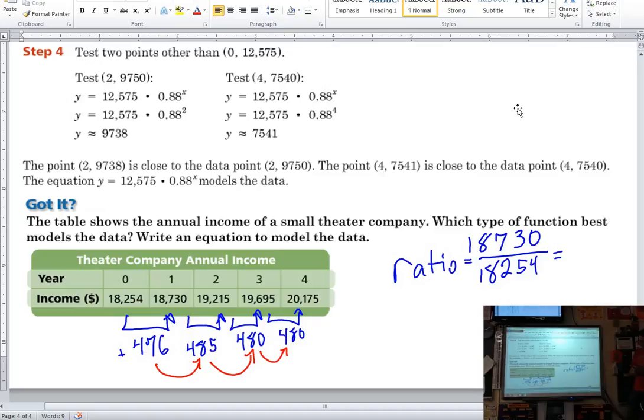This gives us, somebody verify this for me because I am not exempt from mistakes, I think we get like 1.026. Now we have to try that again for my next set. Again, take the higher value divided by the lower value.